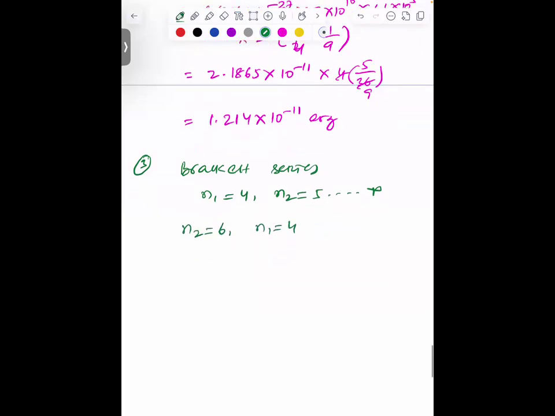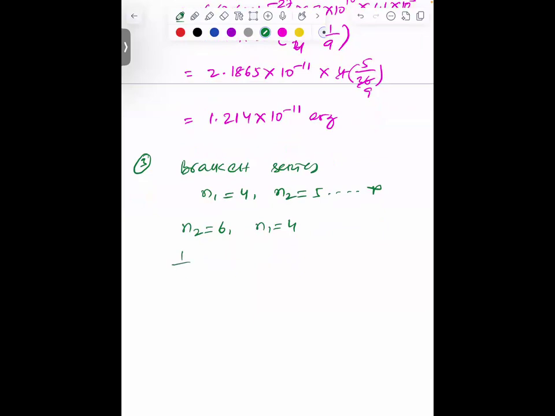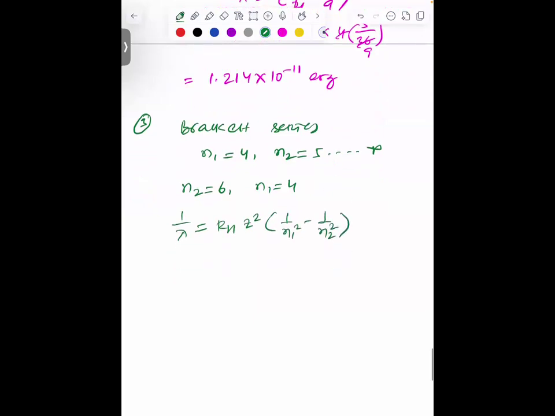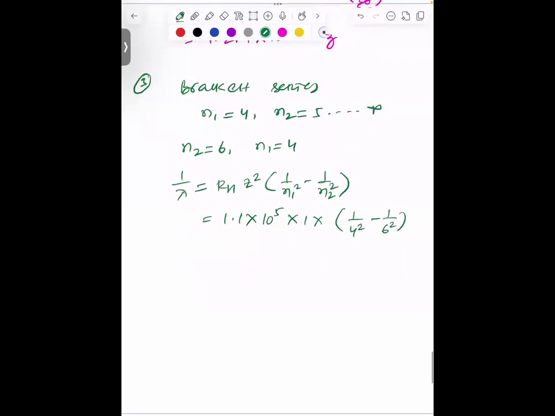N1 is 4. So 1 by lambda equal to RH Z square, 1 upon N1 square minus 1 upon N2 square. Here Z is 1 because it is a hydrogen atom, so 1.1 into 10 to the 5 into 1 into 1 upon 4 square minus 1 upon 6 square.